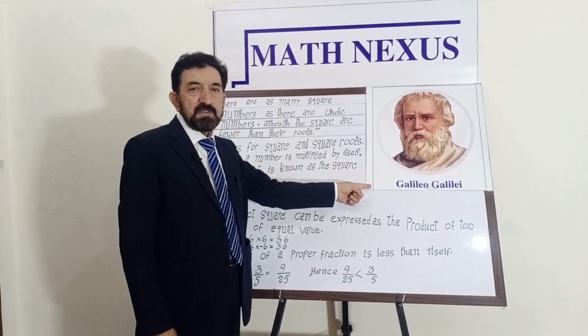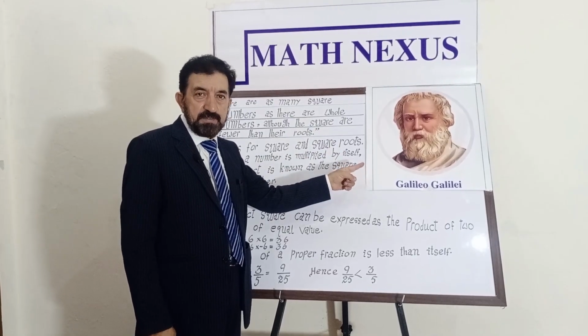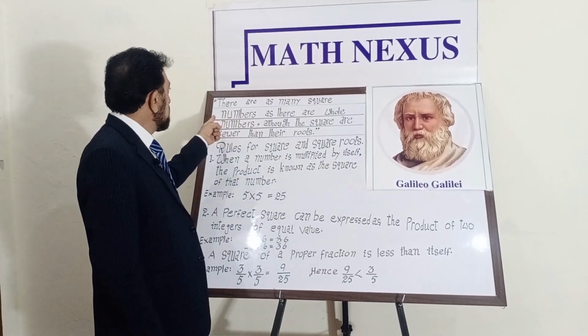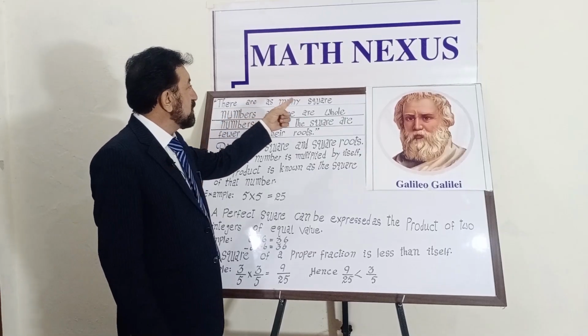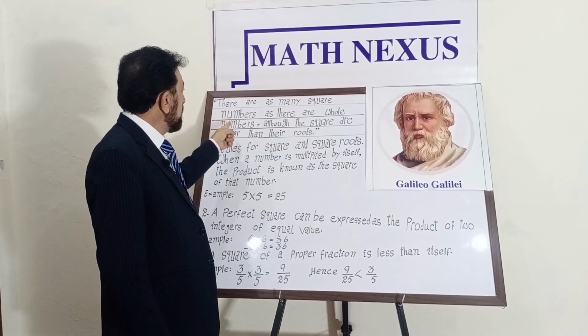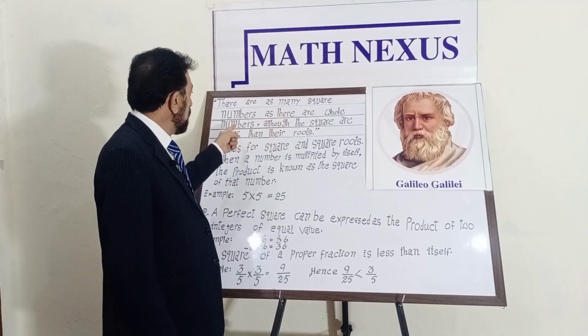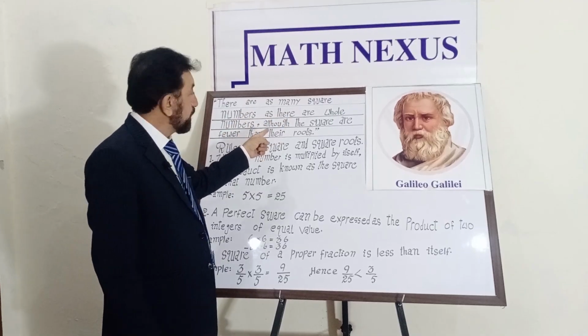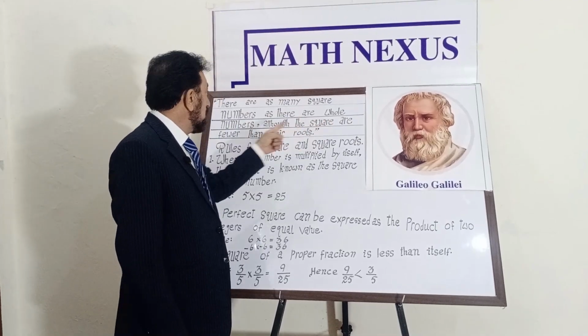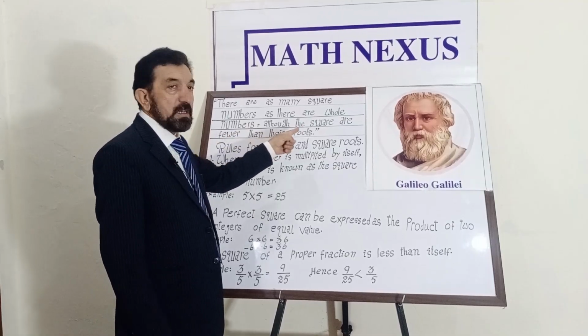This genius personality of the world said that there are as many square numbers as there are whole numbers, although the squares are fewer than their roots.